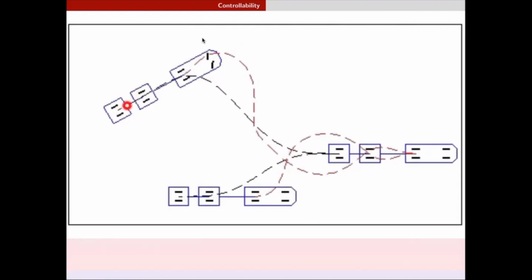The difficulty is that when you are sitting here, you are acting on this piece of the car, you are acting locally, but you have to anticipate the oscillations that the motion of the main body in front will induce on the other pieces of the car that are coming afterwards.